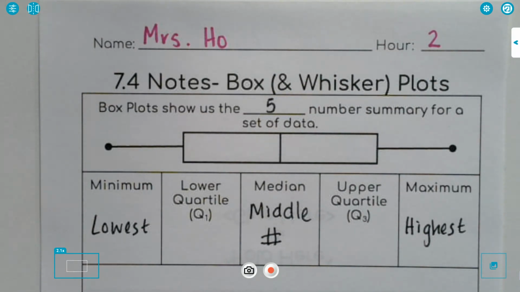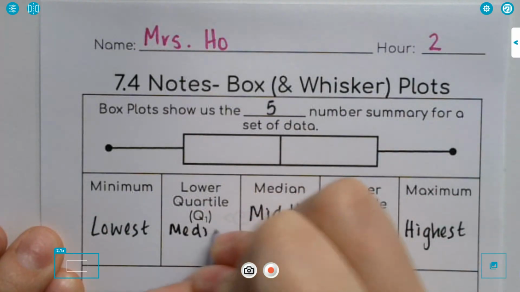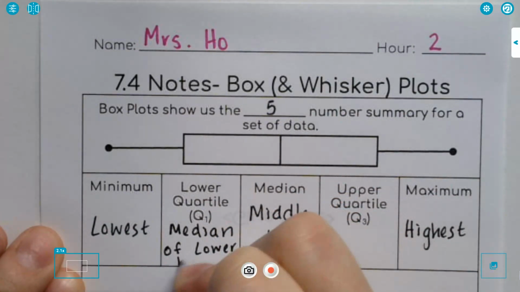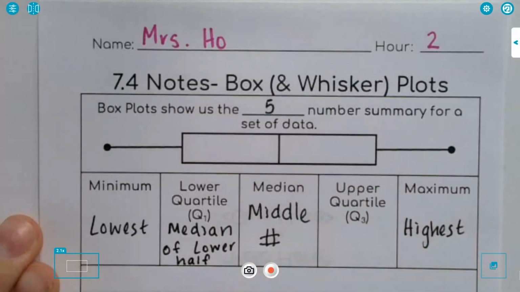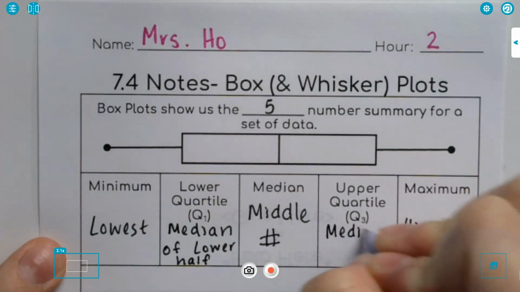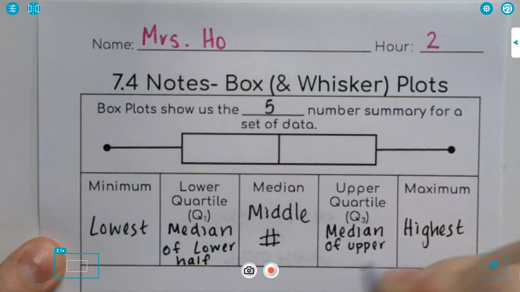So a lower quartile is the median of your lower half of your data. And your upper quartile is the median of your upper half.